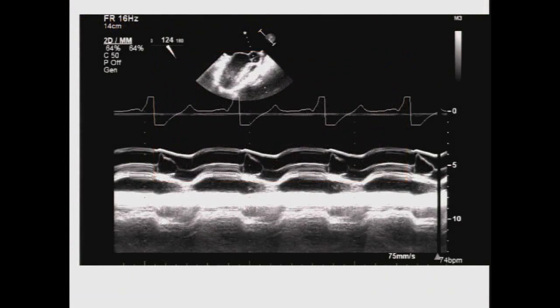So I just happen to have a nice example of the way the aortic valve behaves in somebody with acute severe mitral regurgitation. And you see, let's see if I can point this out with the mouse. You see how you don't have that nice parallelogram of the aortic valve. For some reason, this pointer is not working.